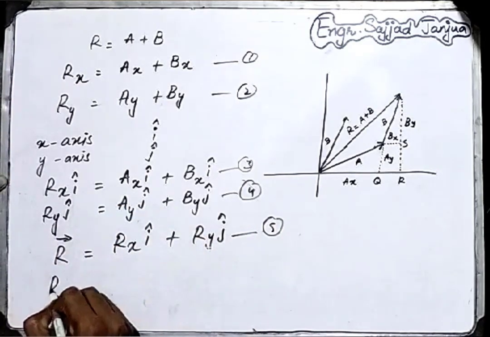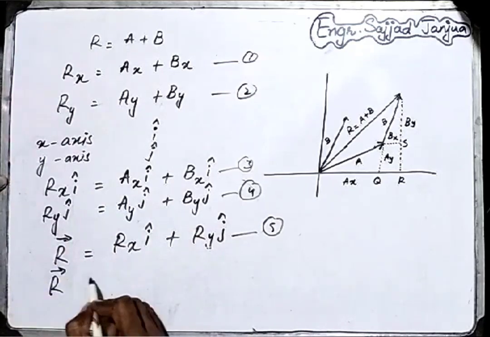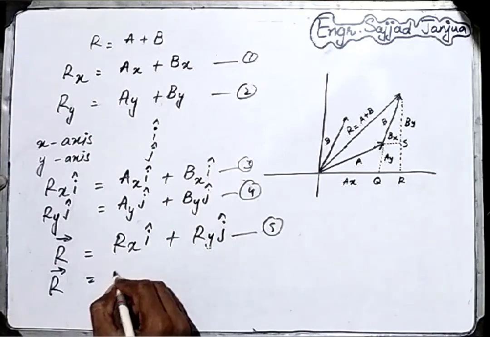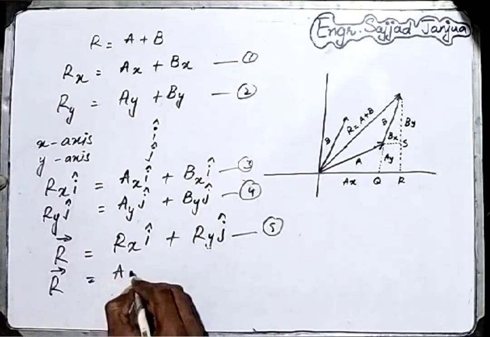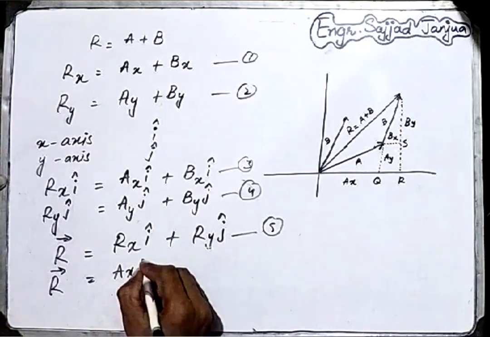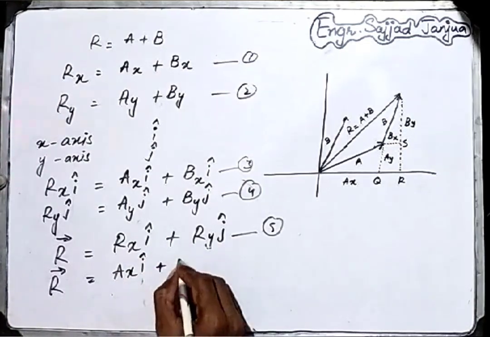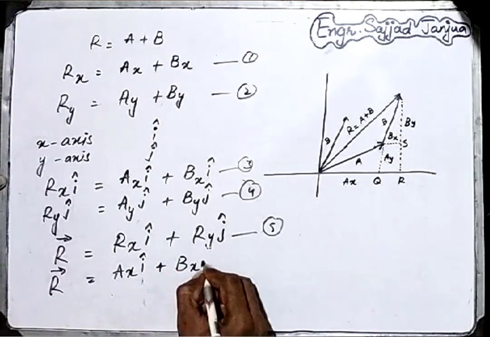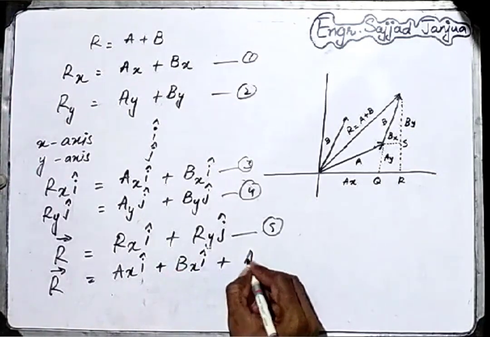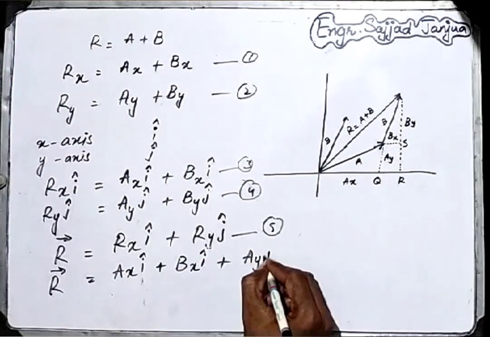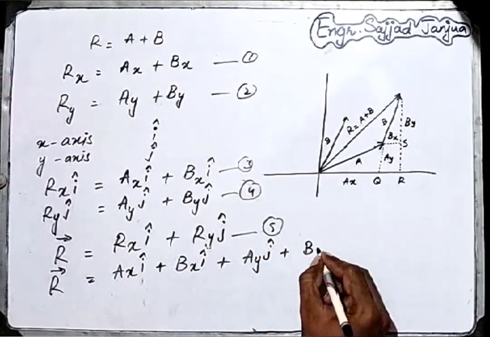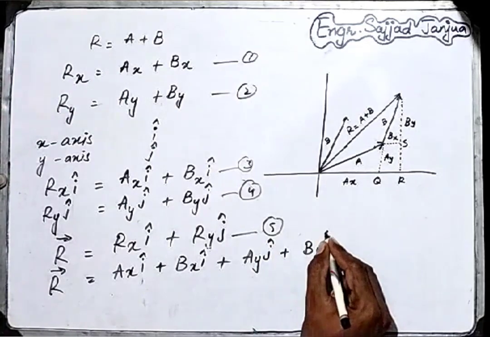So R will be equal to Ax i plus Bx i plus Ay j plus By j.